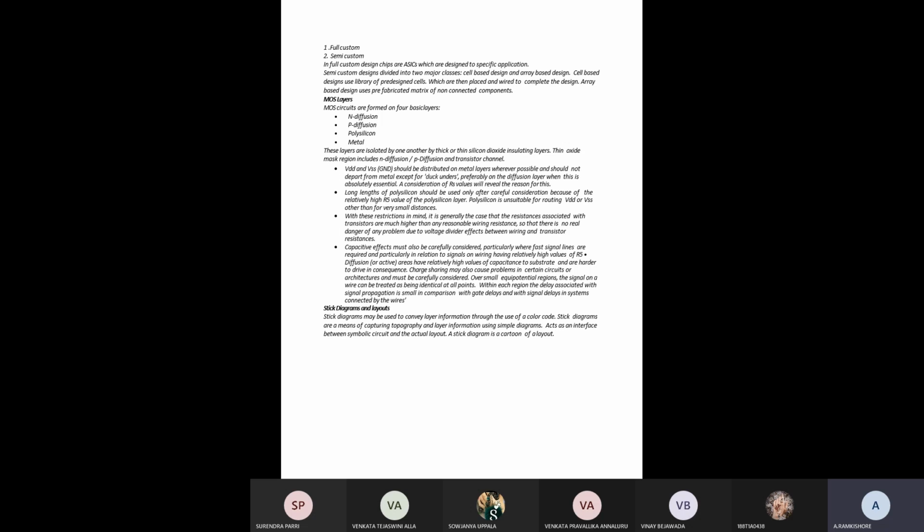It is one type of structure or procedure that conveys the layer information, that is, what type of layer will be present at a specific location. That information is indicated with the help of the color code, so we are using different types of colors.